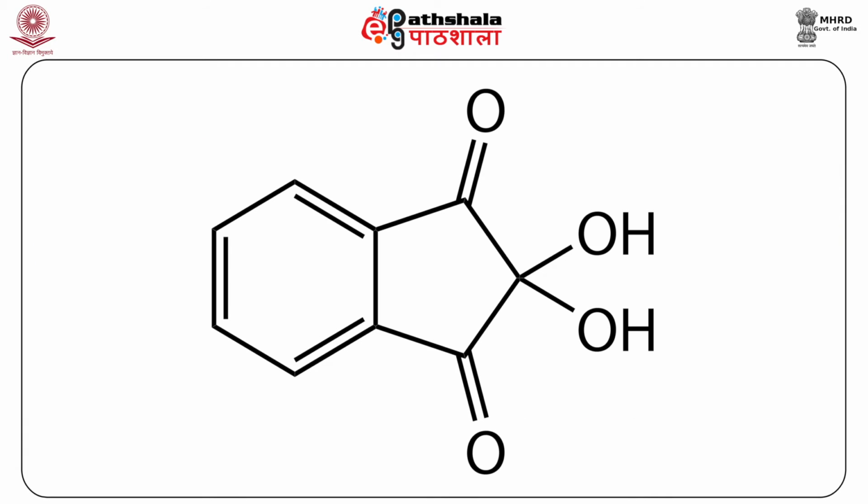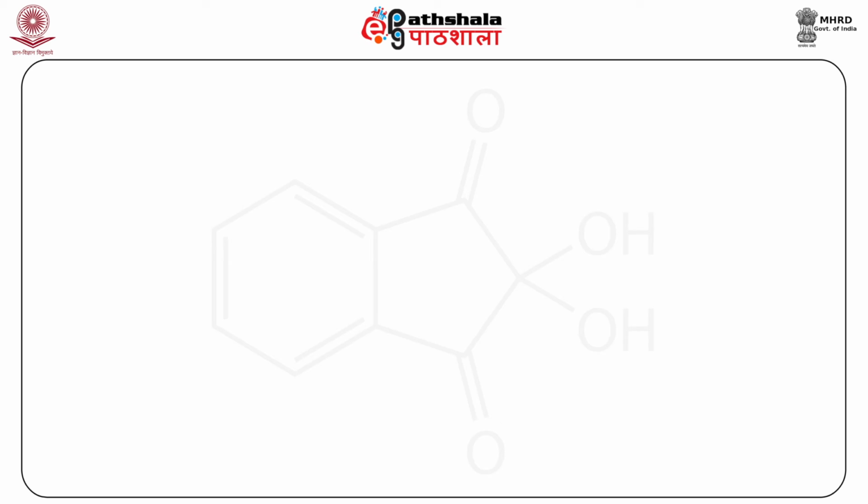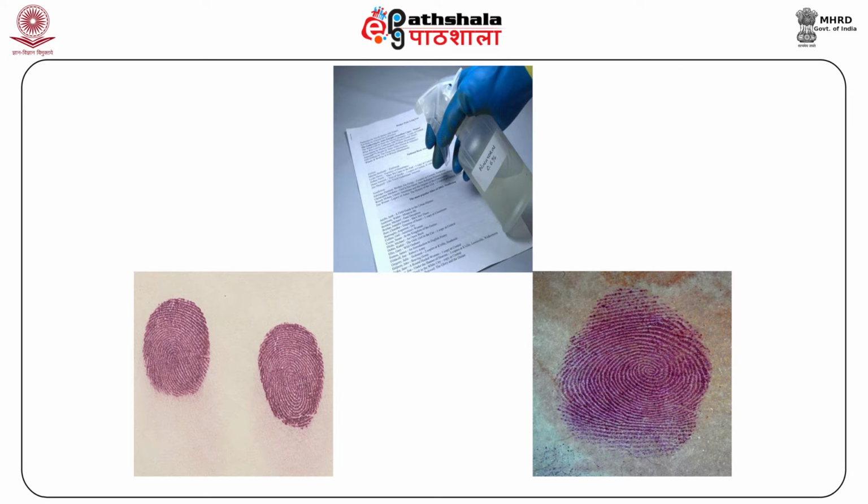The method relies on the reaction of ninhydrin, the structure of which is depicted in the given figure, with the amino acid content of fingerprint residue. The reaction produces a purple colored compound called Ruhemann's purple, which becomes deposited along the ridges, making the latent prints visible.